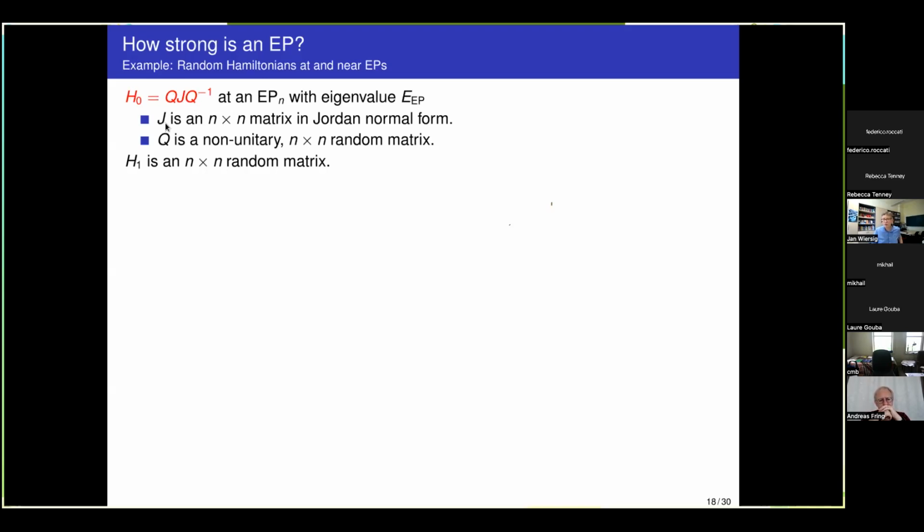J is an n times n matrix in Jordan normal form with the eigenvalue E_EP. Q is a general non-unitary n times n random matrix. If I do this calculation, my H0 will be at an exceptional point of order n with the correct eigenvalue. H1, the perturbation, is just an n times n random matrix.